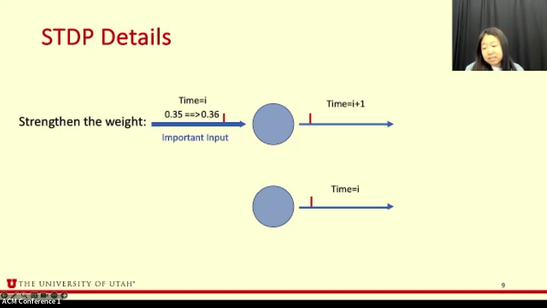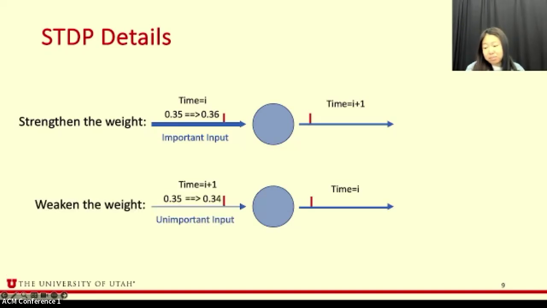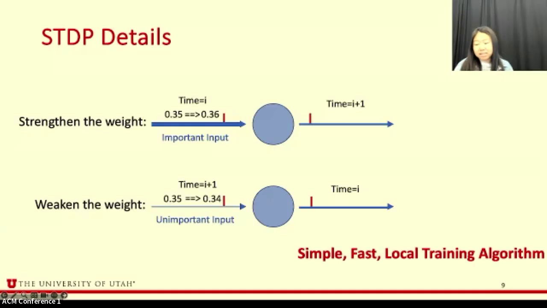Otherwise, if an output spike was already triggered by some input spike, and at the next moment another input spike comes in, the weight between these two neurons will be weakened. STDP is a simple, fast, local training algorithm that enables us to do data prefetching on the fly.